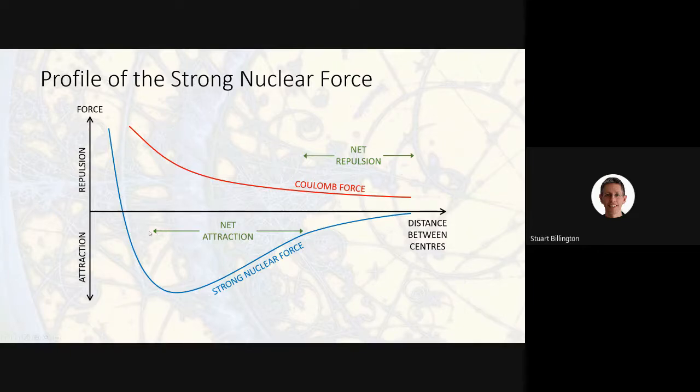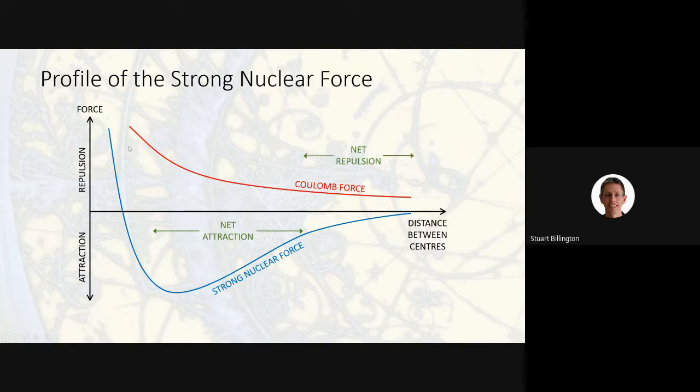Okay, but we're not finished, because at this point here, the blue line is as far under the axis as the red line is above the axis. And so at this point here, we actually hit 0. So it's neither being attracted nor repelled again, just like it was here. And then after this, the blue line starts to reduce down to 0 and then actually contribute to the repulsion as well.